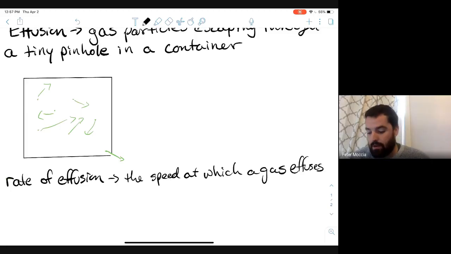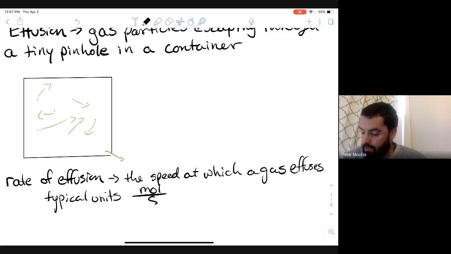Okay, so typically this will be some sort of molar concentration, or I'm sorry, moles. Typical units would be moles per second. Okay, how many moles of gas escape per second?